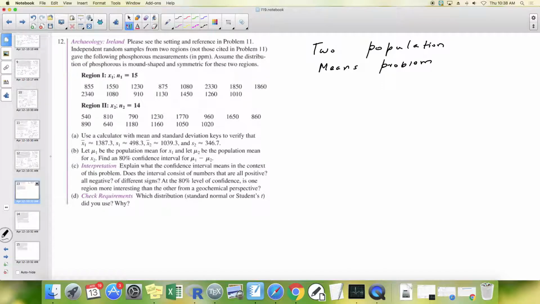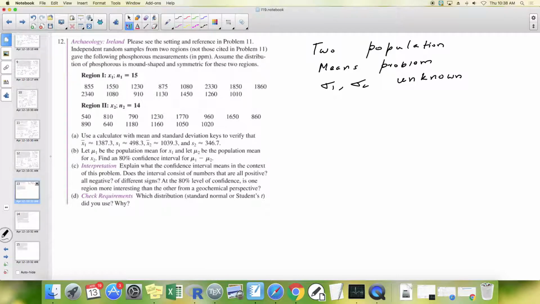Next you look at is sigma 1, sigma 2 given or not. You shall see no, then they are not given. Only S1 and S2 are given. So sigma 1, sigma 2 unknown.